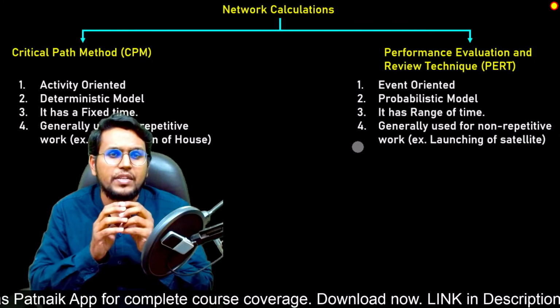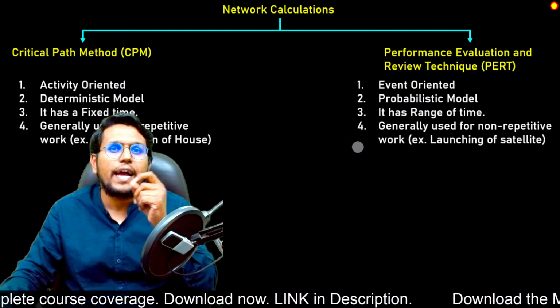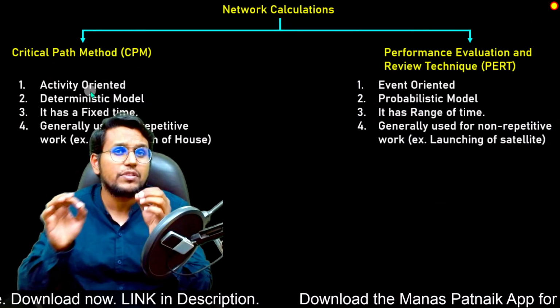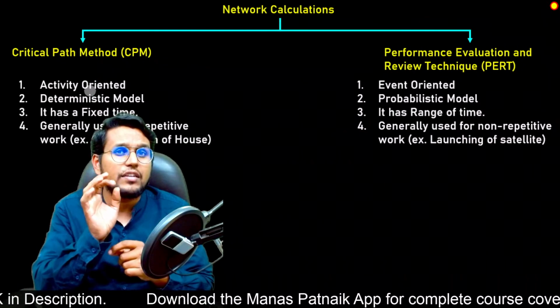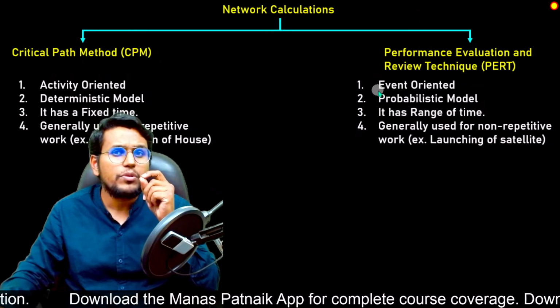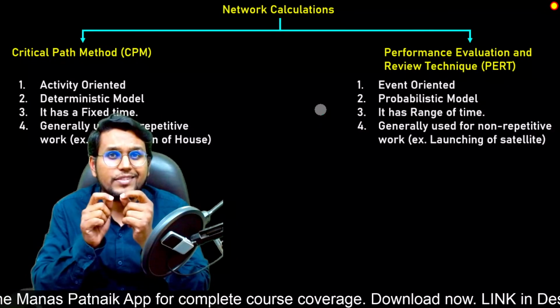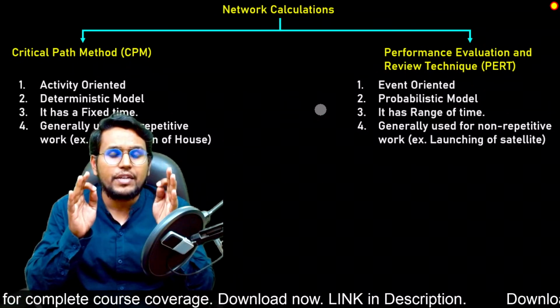And activity oriented means the focus is on the activity. In CPM, we say it is activity oriented because the focus is on the activity, the time which the activity is consuming. And when we are talking about PERT, it is event oriented. That means it focuses on the completion and starting points.